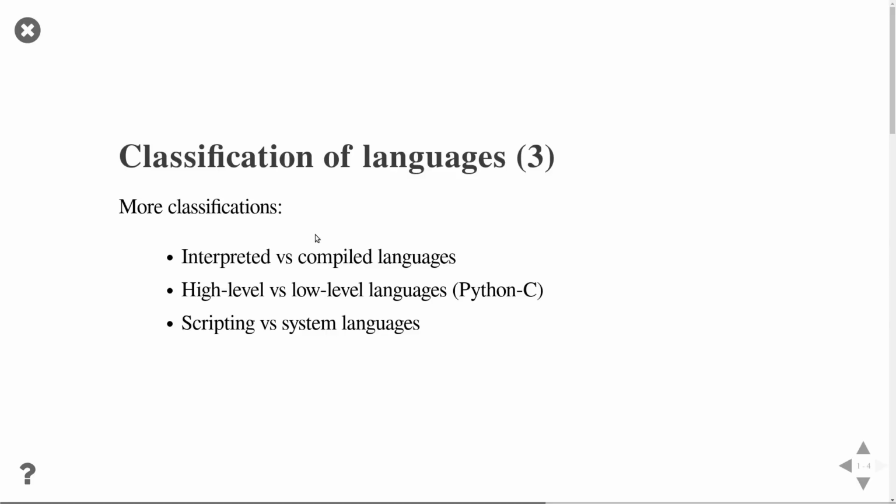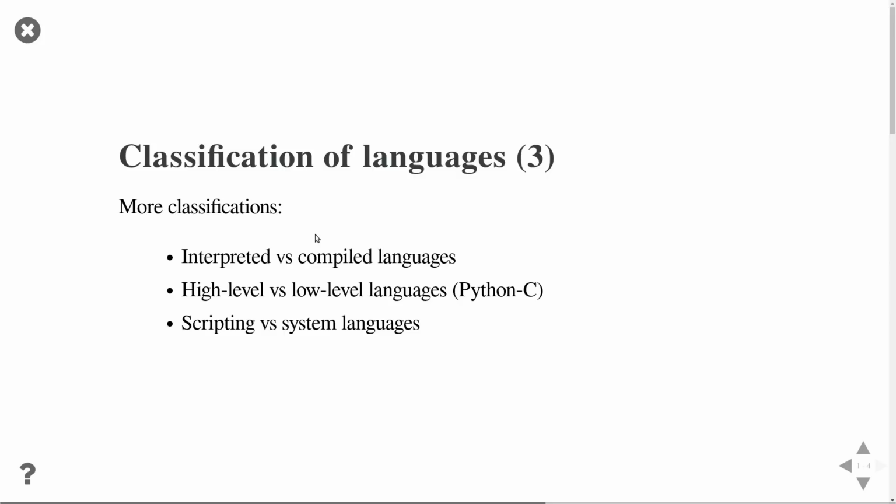Then there are other ways you can classify languages. For instance, interpreted versus compiled languages. Essentially all scripting languages are, from a user's perspective, interpreted, so there's no compilation or linking step. Then there's high-level versus low-level languages.